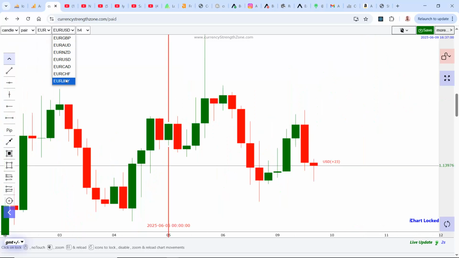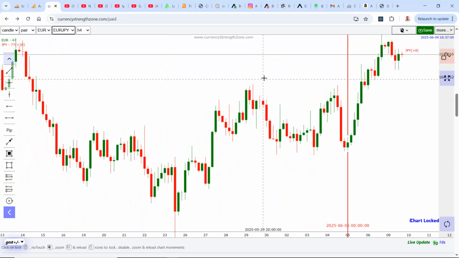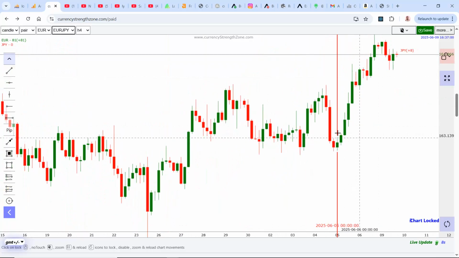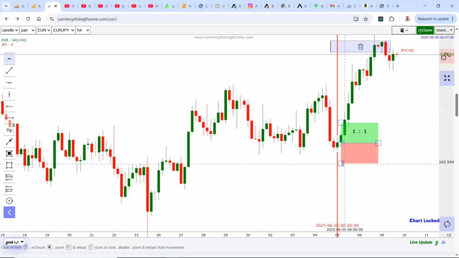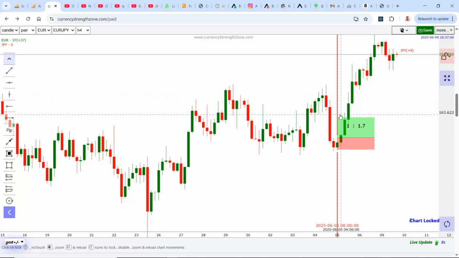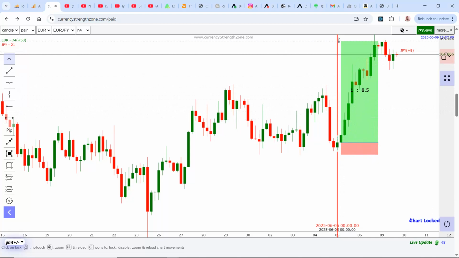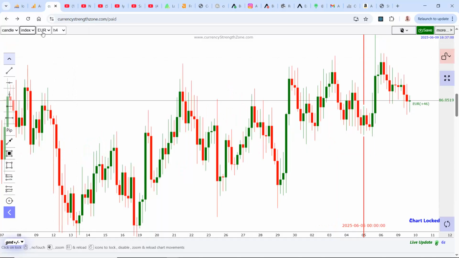It was Euro JPY. Let's see how we got this trade using the currency indexes being in agreement. So Euro JPY, first of all, we check.